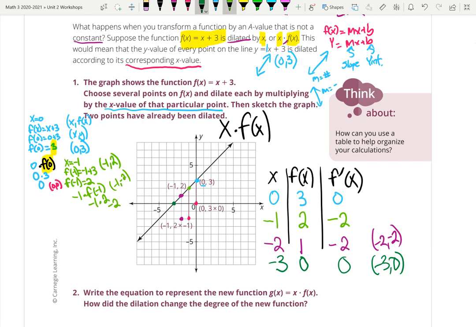If I were to continue, let's go ahead and say negative 4. The y value would be negative 1. The product of these two would be a positive 4, making my input negative 4 and my output positive 4. So this would result in 1, 2, 3, 4.